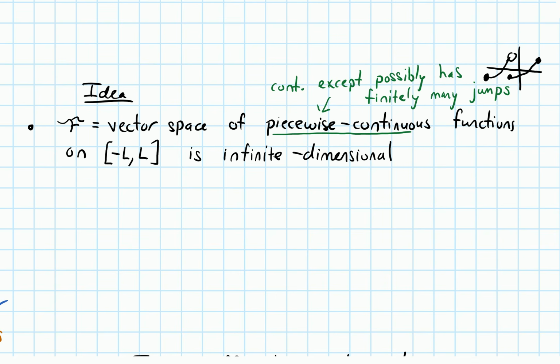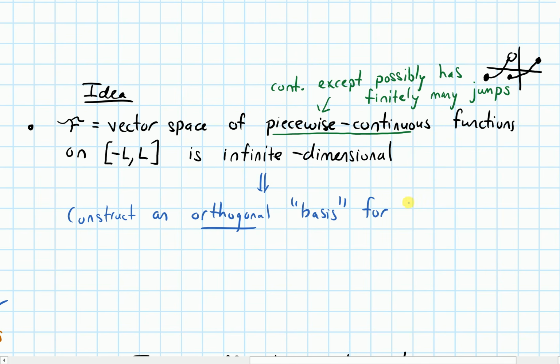So what we are going to try to do is construct an orthogonal basis for this vector space, for script f. And we're going to do that using sines and cosines.